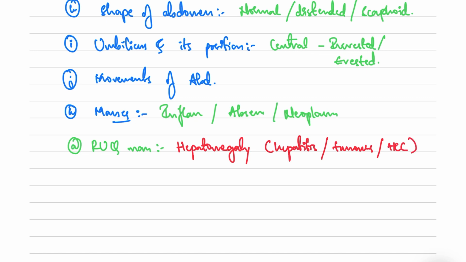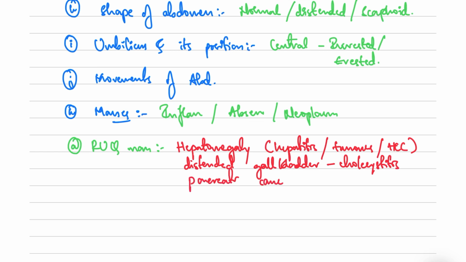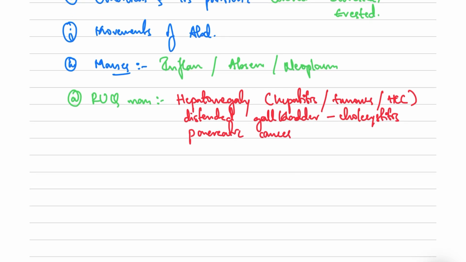Then the right upper quadrant mass can also be a distended gallbladder during cholecystitis. It can also be presented during pancreatic cancer. So these all can be the right upper quadrant mass.